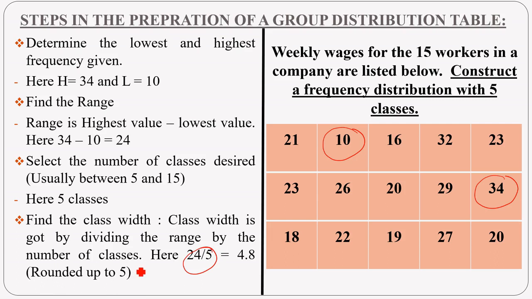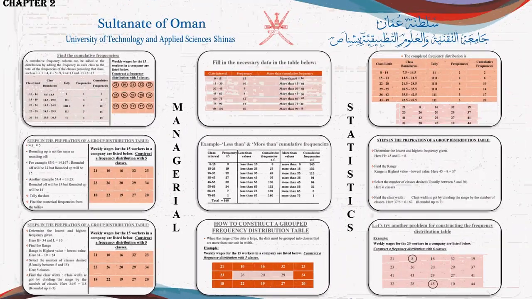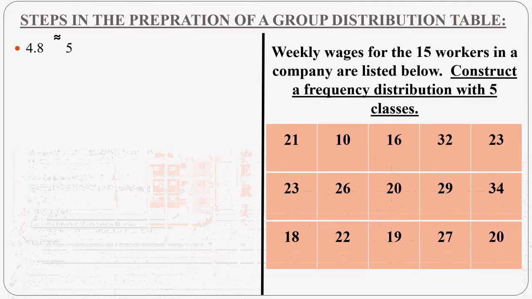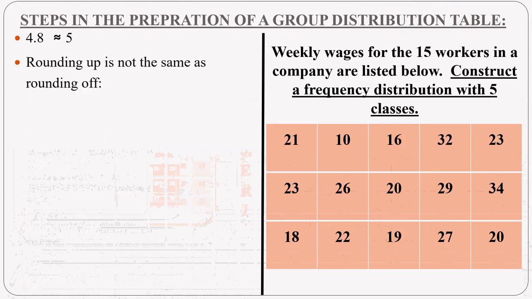So this 4.8 is rounded up to 5. This is the point we have to keep in mind while solving a problem. So these are the steps. Let us go to the further steps and understand how to solve this problem.